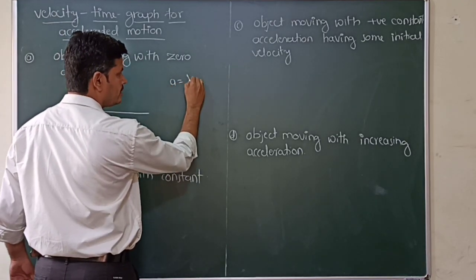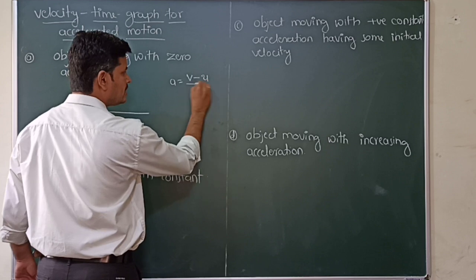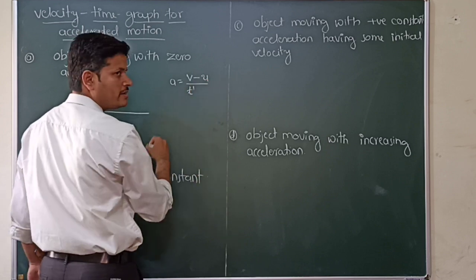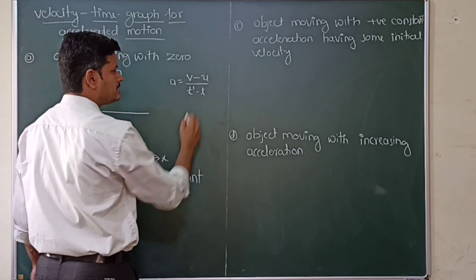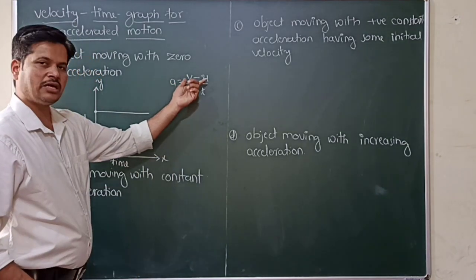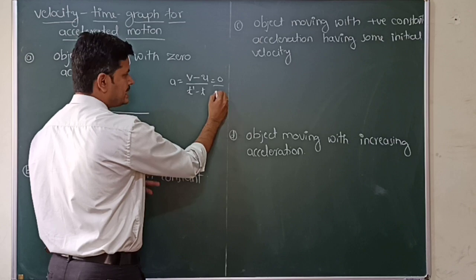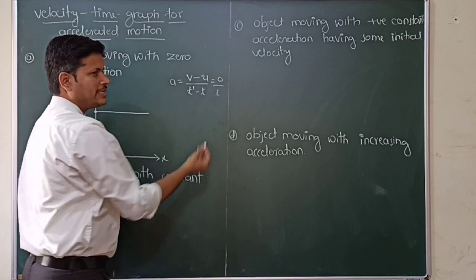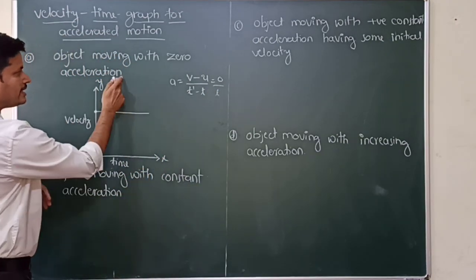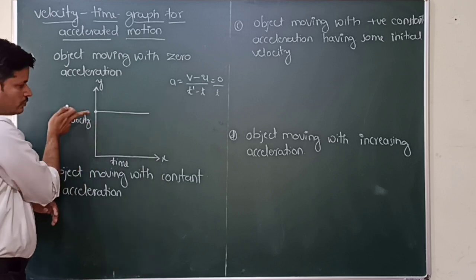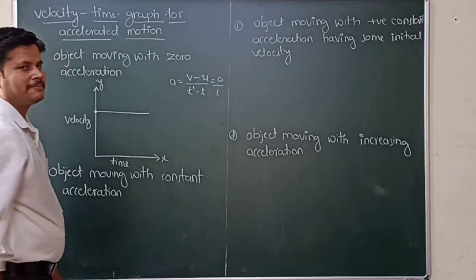Change in velocity, final velocity minus initial velocity, divided by final time minus initial time. If there is no change in velocity, it is 0 divided by any time. 0 upon anything is 0 only. That means acceleration is 0. Therefore, we will get a straight line.